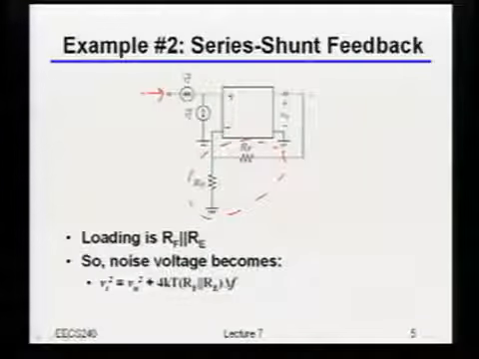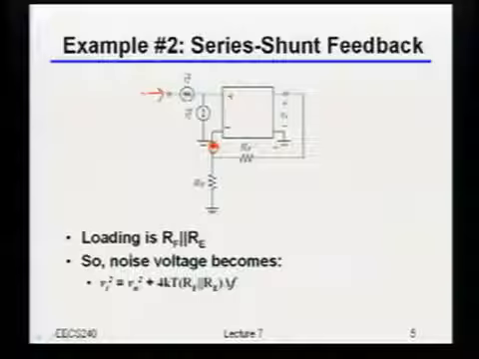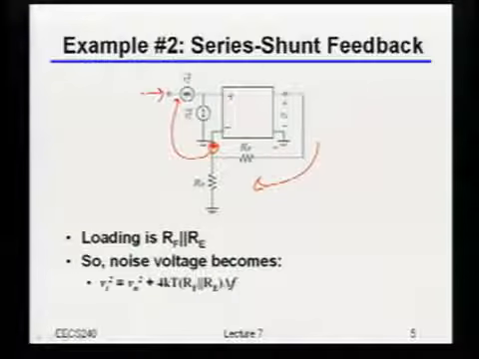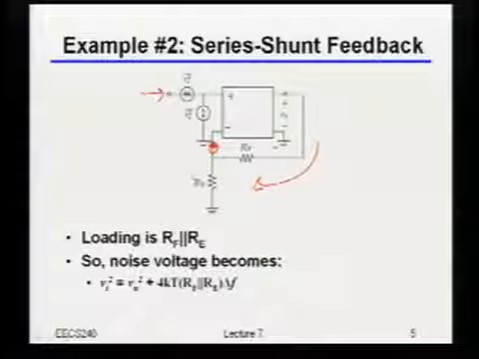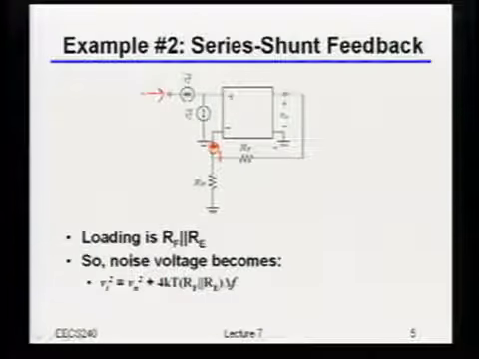Here it's even easier than before, because any noise voltage that shows up like this is exactly equivalent to noise voltage showing up like that, right? So if the output impedance of that amplifier is close to 0, or at least small compared to these resistors, then it's easy to figure out how much voltage noise is coming through, right?